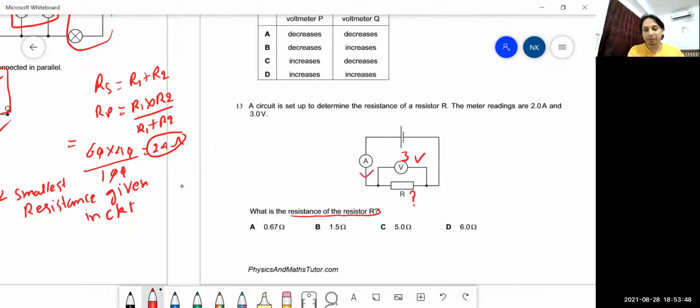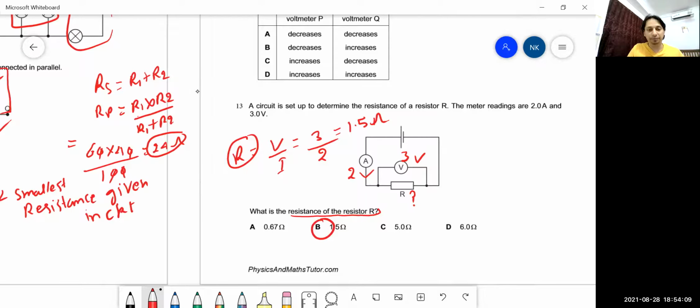Current passing through this circuit is 2 ampere. Apply Ohm's law. R equal to V upon I. Put the value V, 3 volt, current 2. 3 divided by 2 is 1.5. Sorry, not ampere. We are calculating resistance. So 1.5 ohm is here in option B.